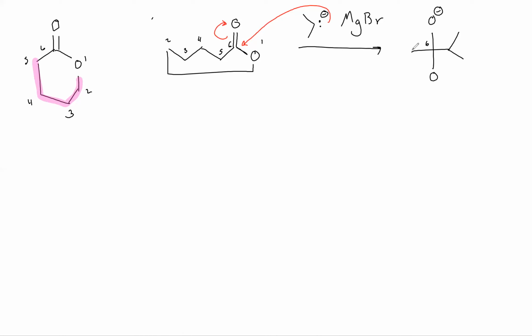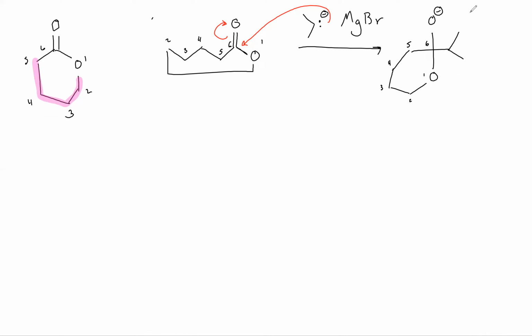And then we're going to try and draw this as a cyclic. I'm awful at drawing this portion, so bear with me. So this is going to be 1, 2, 3, 4, 5, 6. You can see here we still have our cyclic right here, but we've also added our Grignard's reagent.